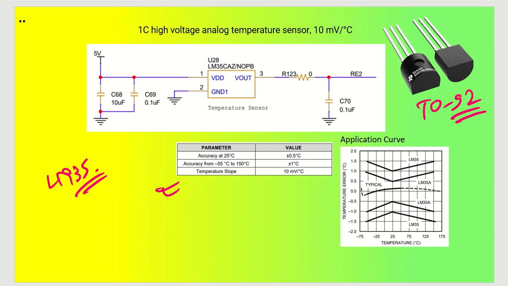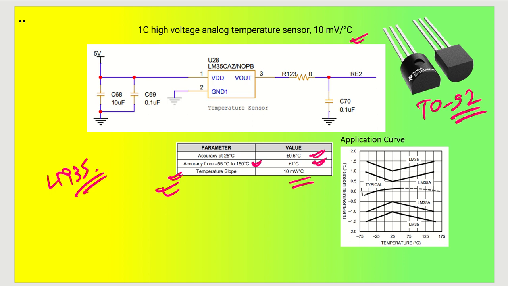This is a bit lower cost compared to the CAN package. You can see it has an accuracy of plus minus 0.5 degree centigrade, or plus minus 1 degree centigrade if you take a higher temperature range. And you can see the temperature slope is 10 millivolt per degree centigrade. So for each degree centigrade increase, there will be 10 millivolt available.